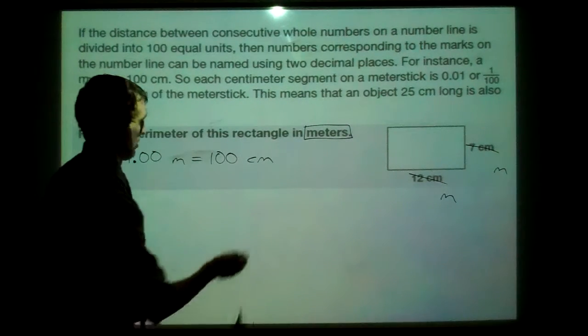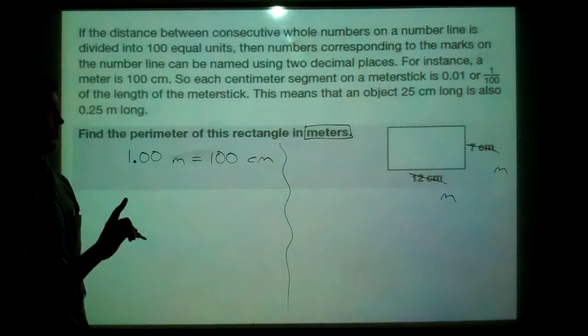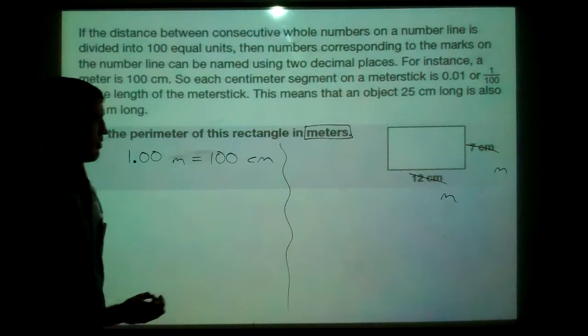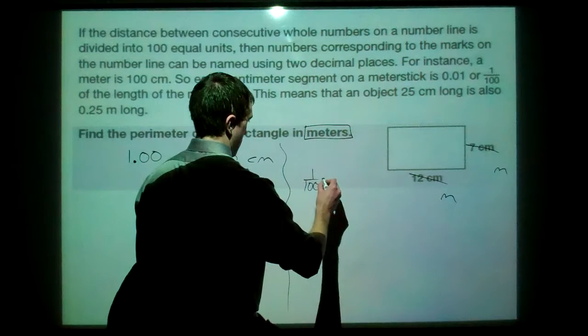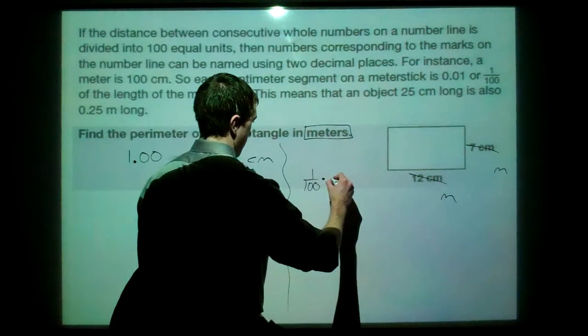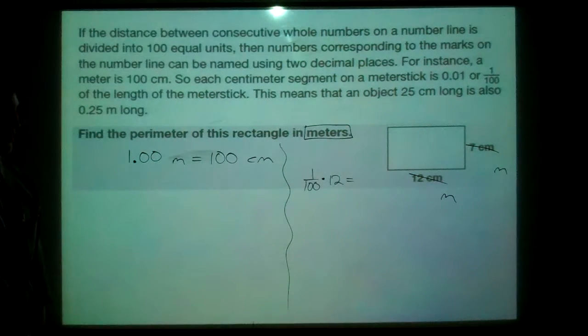The other way we could do it is we know that 1 centimeter is 1/100th of a meter, so just take 1/100th times, let's say 12, and that should give us our answer. Either way you look at it, you're basically dividing by 100 to get into meters.